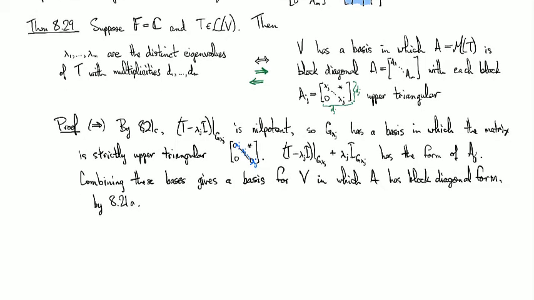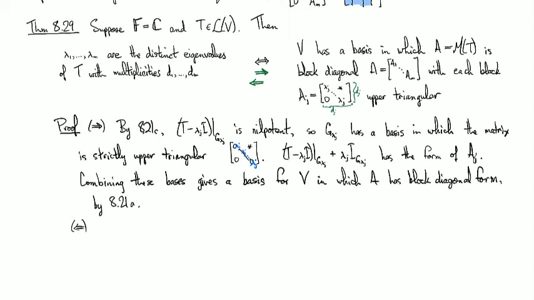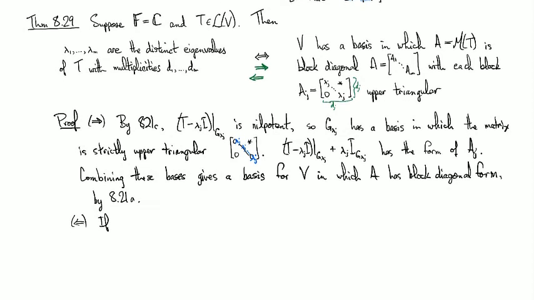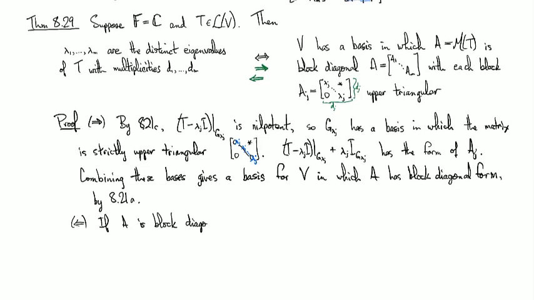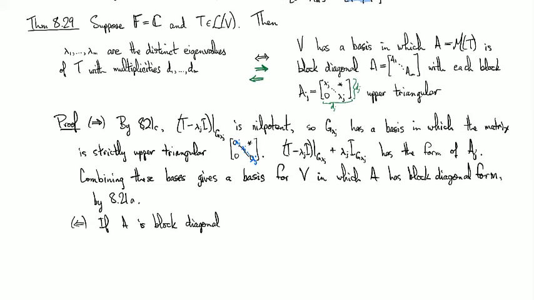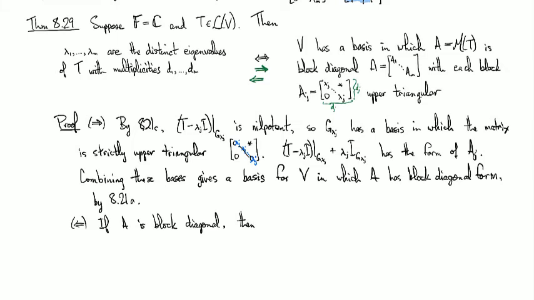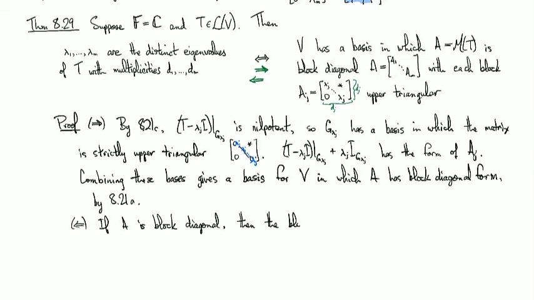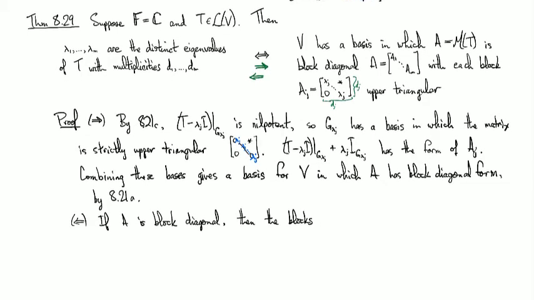All right, now if we talk about how to go in the reverse direction, suppose A is block diagonal. Then the blocks correspond to invariant subspaces.